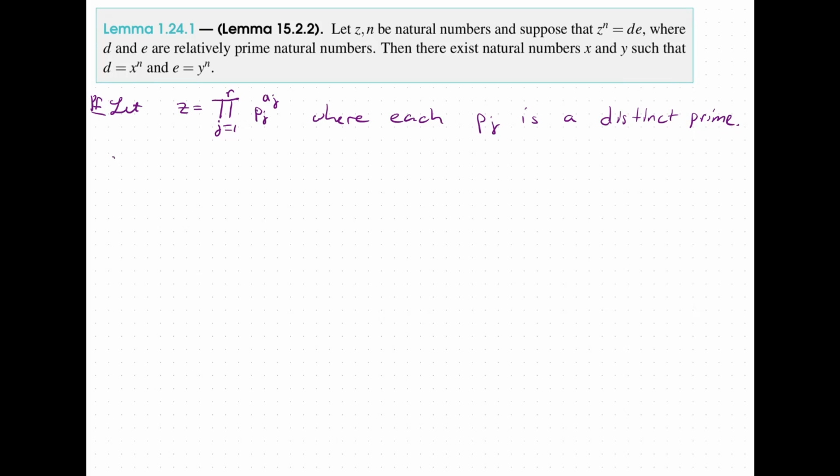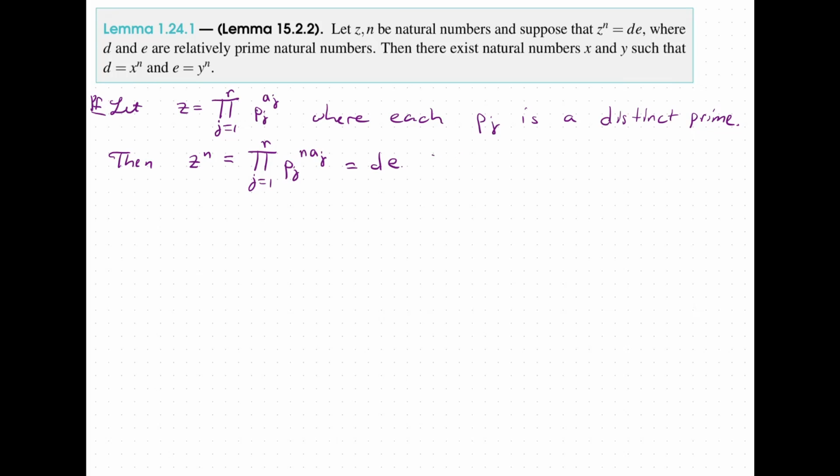Then z to the n is just the same product with everything raised to the n. So we have p sub j to the n times a sub j. But this is equal to d times e.